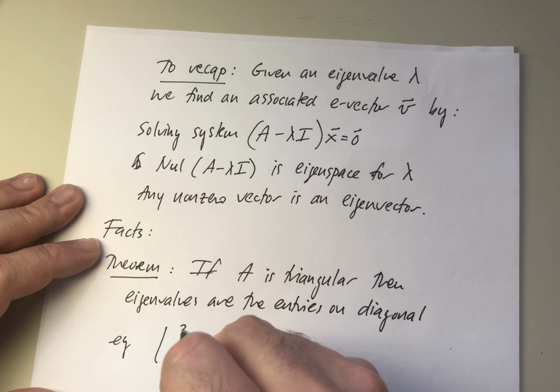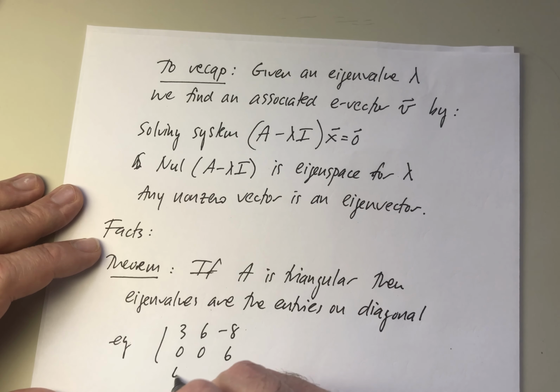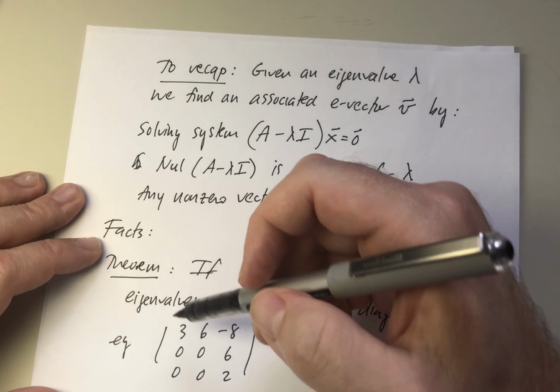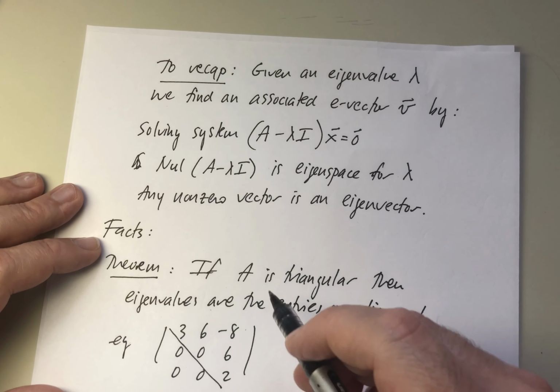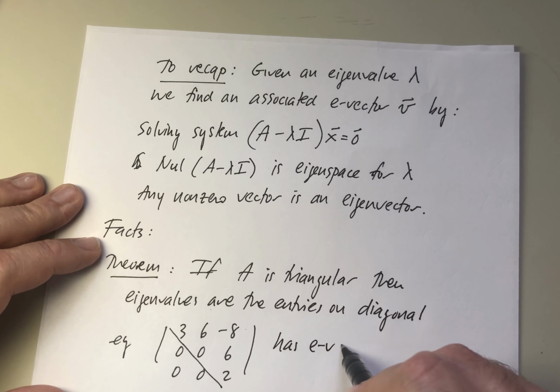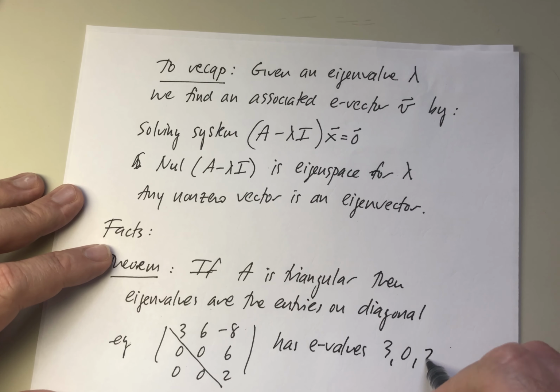For example, let's say the matrix with rows 3, 6, -8; 0, 0, 6; 0, 0, 2. This is triangular because everything below the diagonal is 0. So this has eigenvalues the values on the diagonal, so 3, 0, and 2.